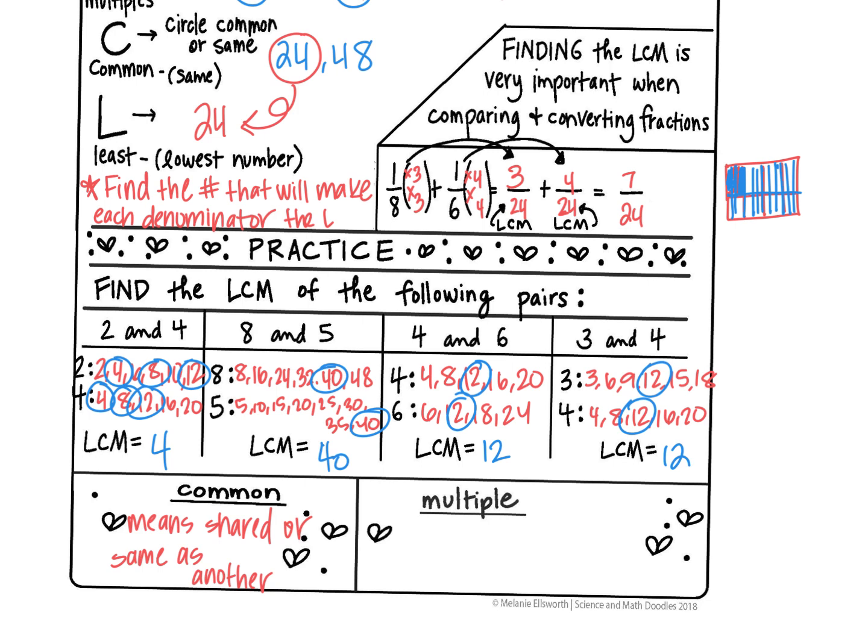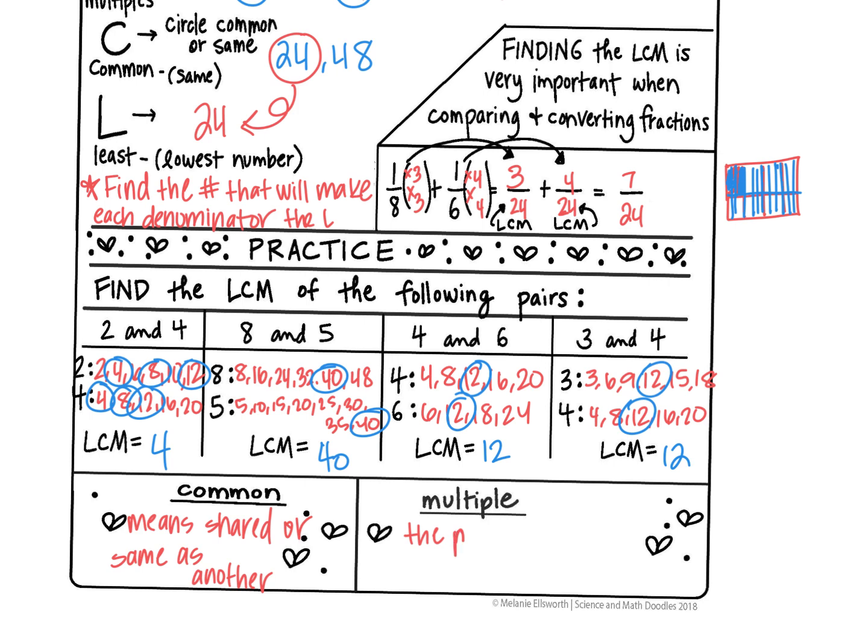And a multiple is the number. I don't like the way that this is defined. How did I do it earlier? Hold on. I wrote it down because I liked this better. I said the product, so I'm going to change this.